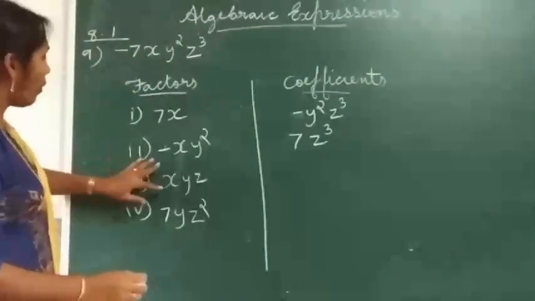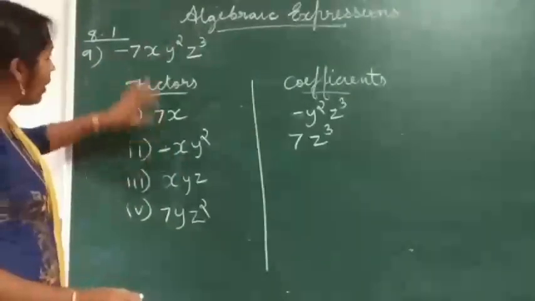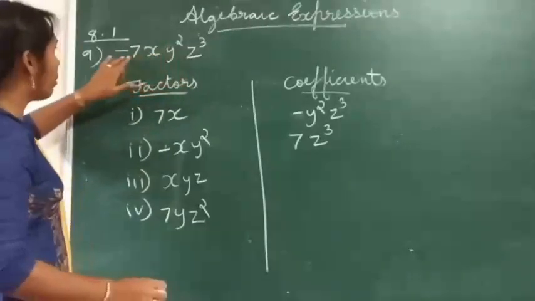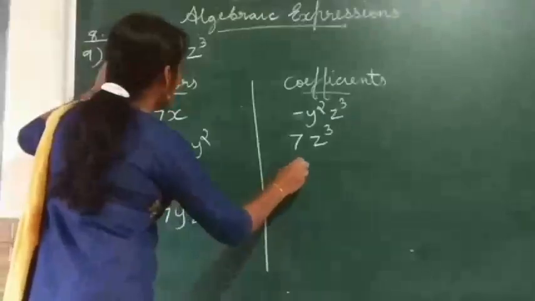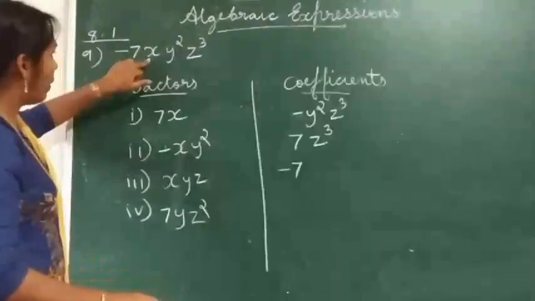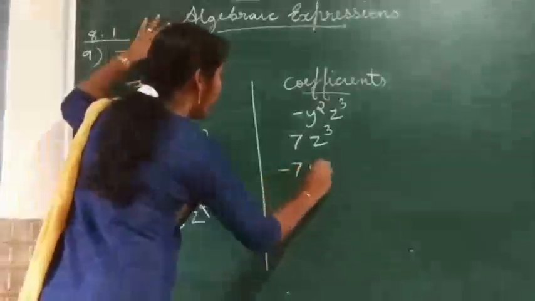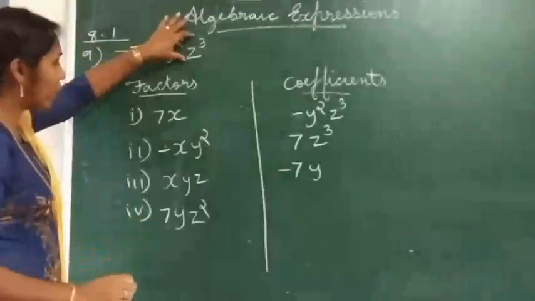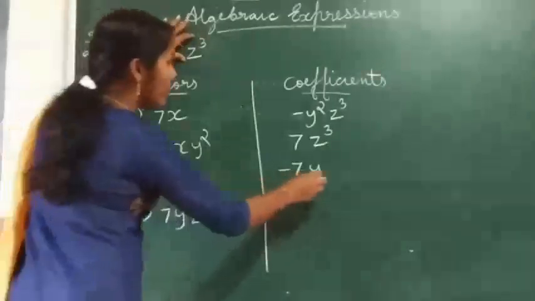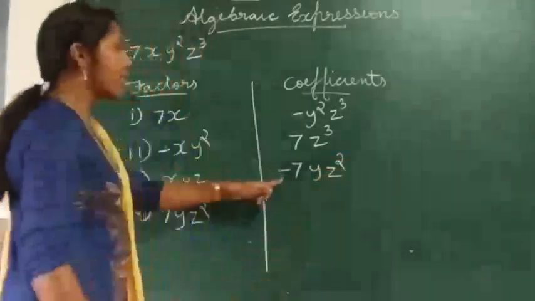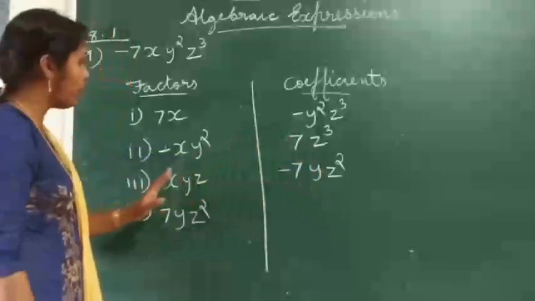Now x y z. Here we have x once, y once and z once. What will be remaining? Minus 7. Then from y square we have 1 y here, so 1 y we have to write. From z cube we have 1 z here, that means z square. So minus 7 y z square is the coefficient of x y z.